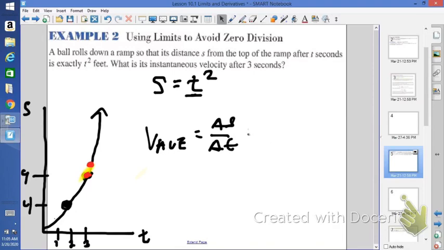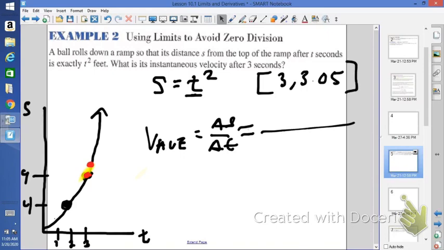Alright, so let's go from 3 to 3.05. Our change in t is going to be 3.05 minus 3. Our change in s is going to be 3.05 squared minus 3 squared.